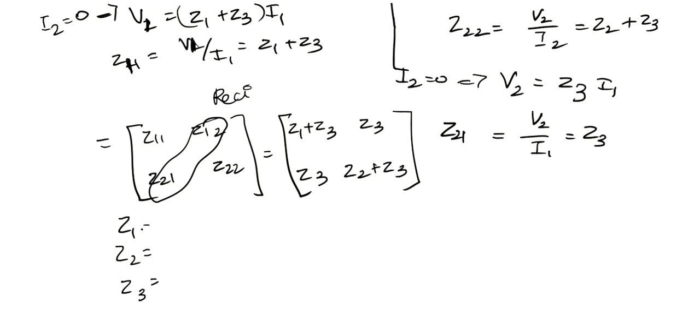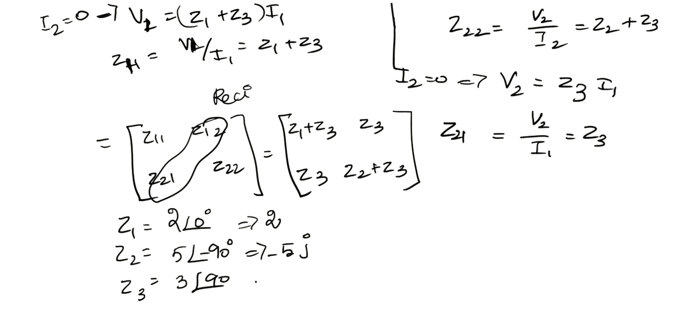Nothing but Z1 will be 2 angle 0, Z2 is 5 angle minus 90, and here Z3 is 3 angle 90. So now you can write as 2, it is minus 5J, because angle minus 90, and here it is 3J. Now substitute this equation.